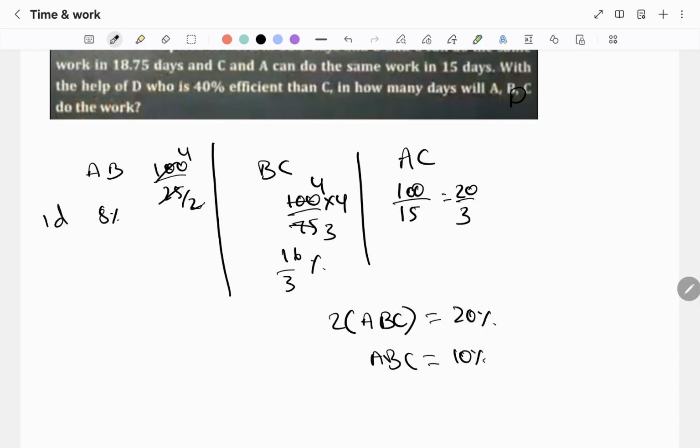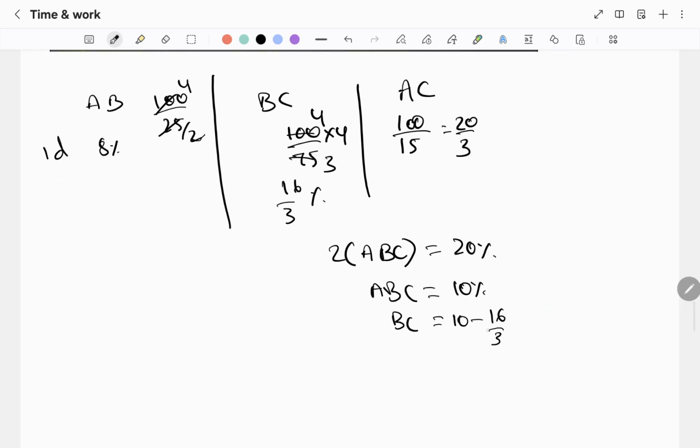Then they also gave that D's efficiency is 40% of C. First of all, what is C's percentage? Remove BC. BC is how much? 10 minus 16 by 3, that is 30 minus 16. How much will it be?